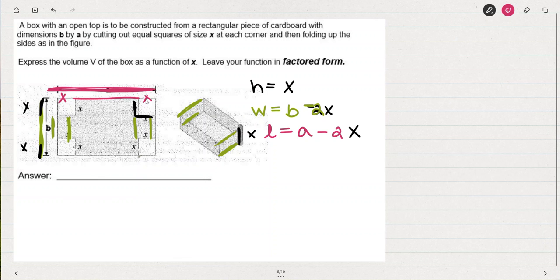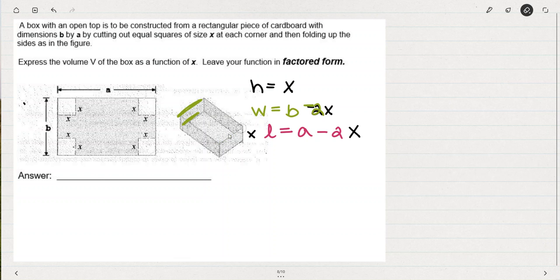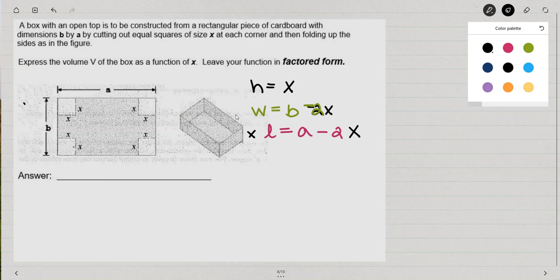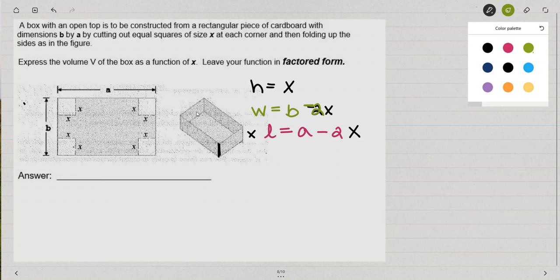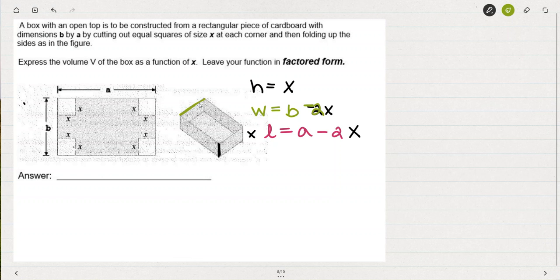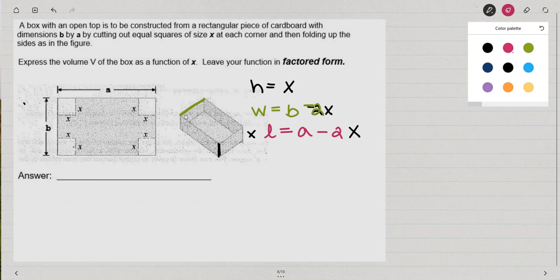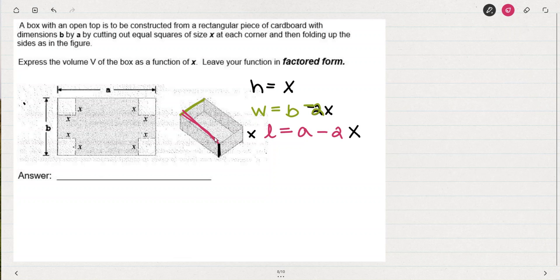So A minus 2x. There's our dimensions. One more time, let me just document them here. Height is X. Width is B minus 2x. And length is A minus 2x.